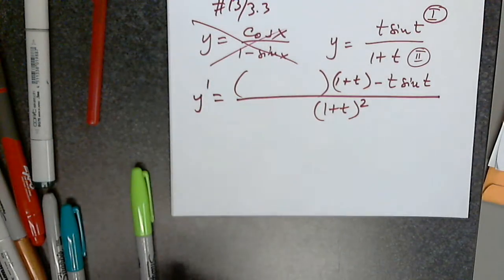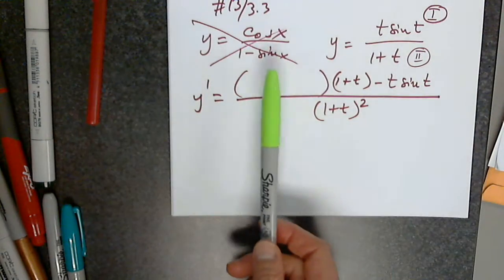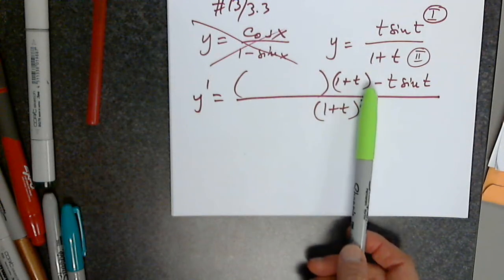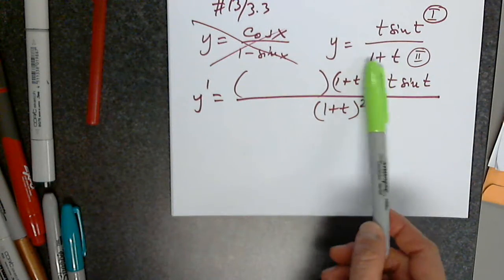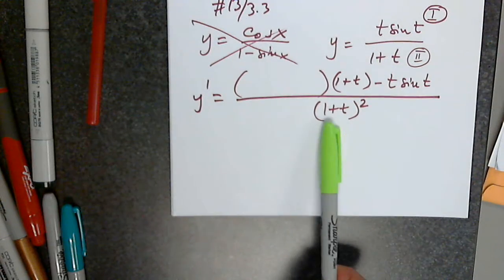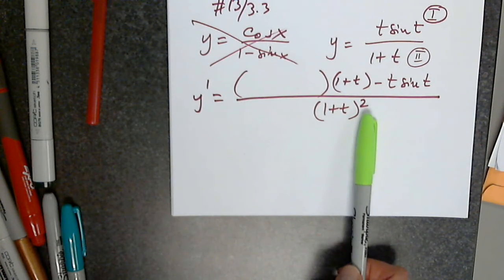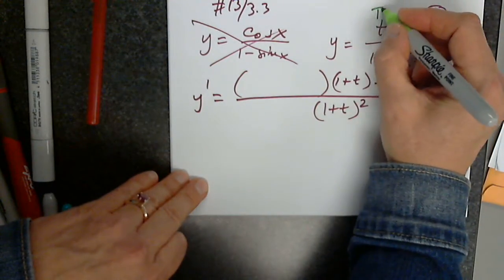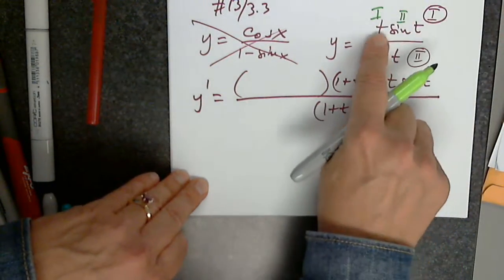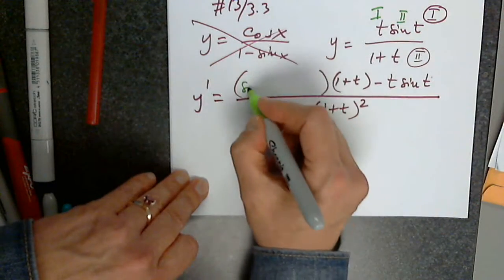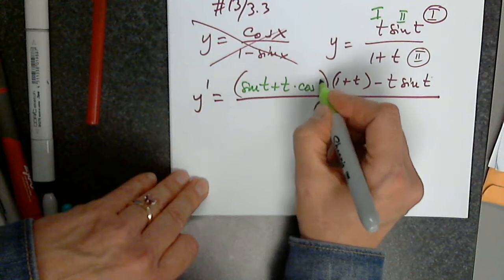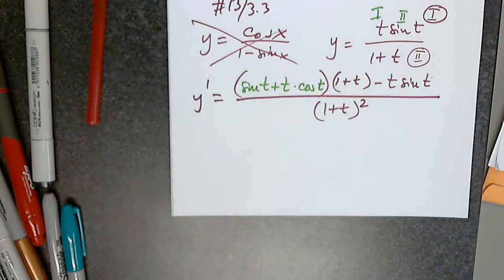So the first function prime times the second function, minus the first function times the second function prime, over the function in the denominator squared. The first function prime is t prime, which is 1 times sine t plus t times sine t prime, which is cosine t. Is this okay?